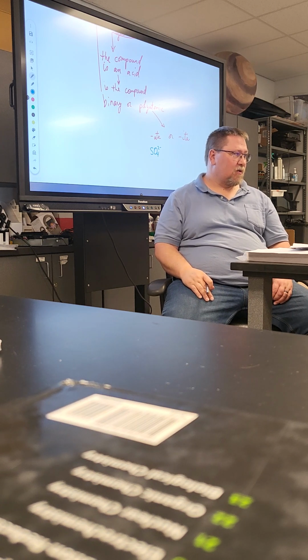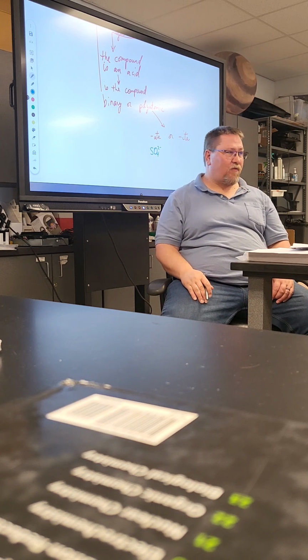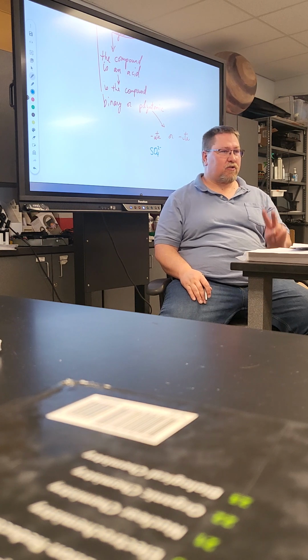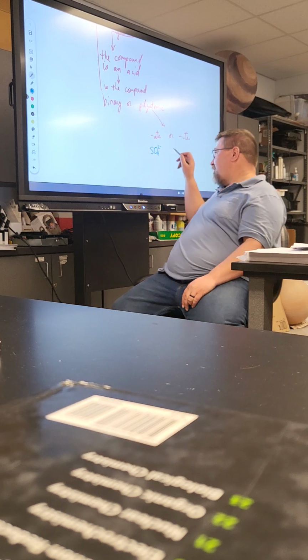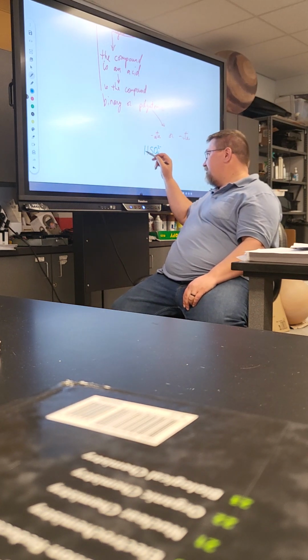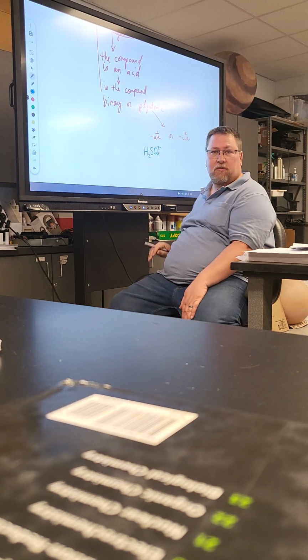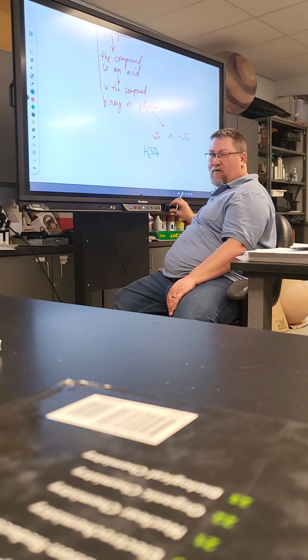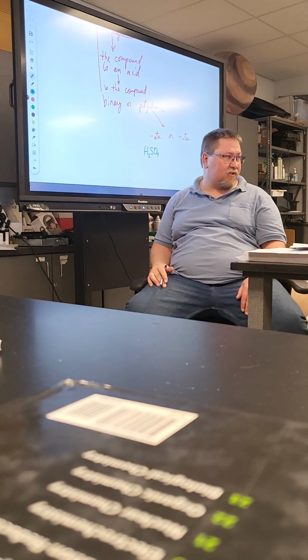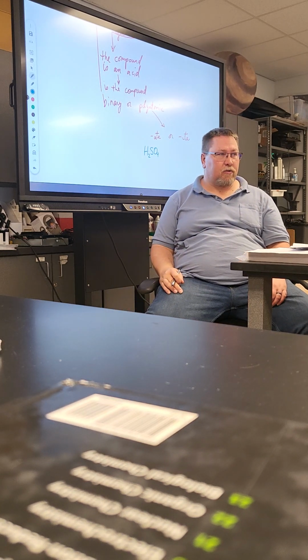Sulfate is SO4 2 minus. And there's two things I want to show you here. This goes back to that ionic part. If the charge is 2 minus, there's going to be 2 hydrogens to balance that charge out. So that's how we write acid formulas. We put the number of hydrogens to match the charge.